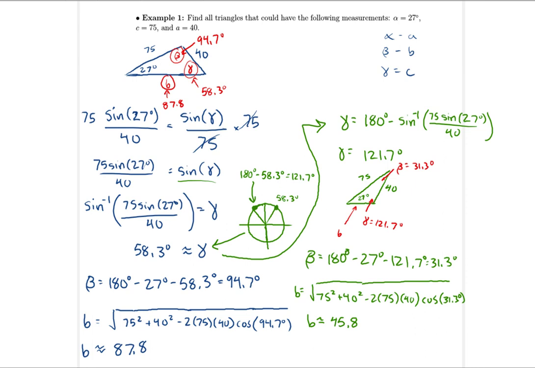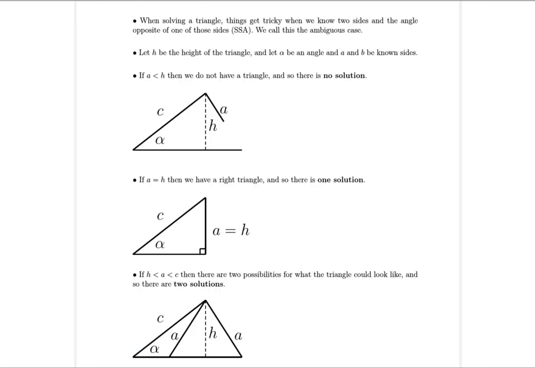All right, so let's talk a little bit about what's causing these two solutions to occur. When you have angle-side-side, you know an angle, the side adjacent to it, and the side opposite that angle. There are a number of things that can happen.